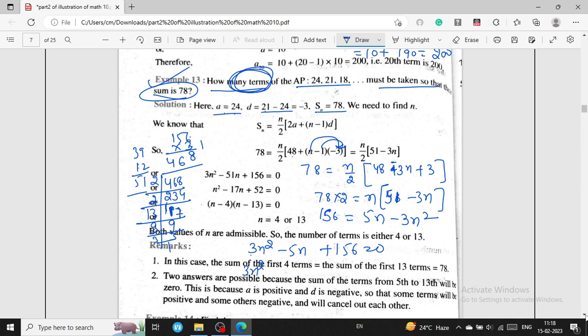You can take here factors: 3n square minus in bracket 39 plus 12, and outside bracket n, plus 156 equals 0. So 3n square minus 39n minus 12n plus 156 equal to 0.